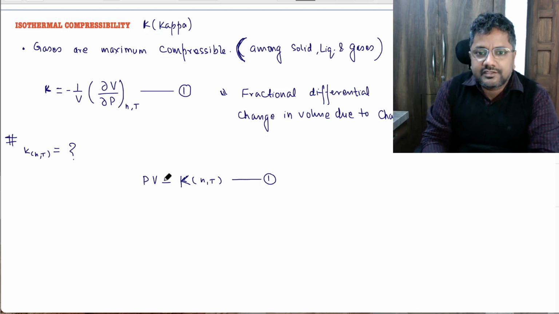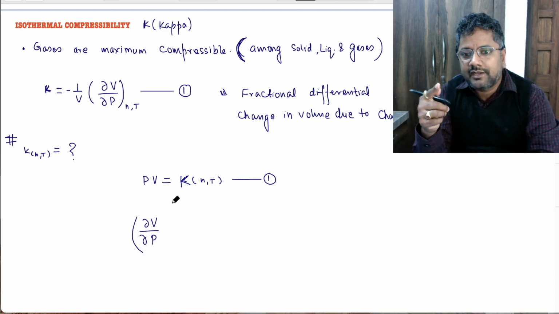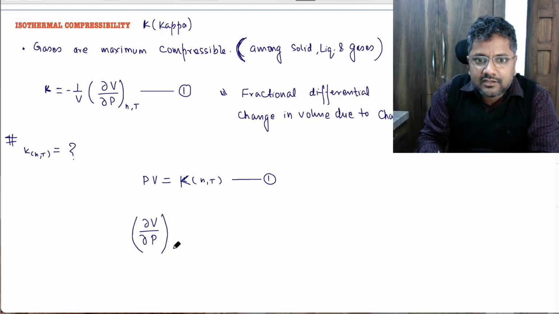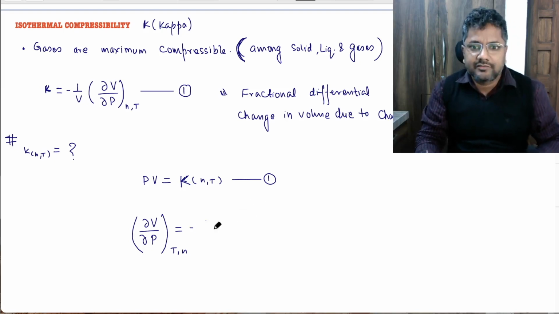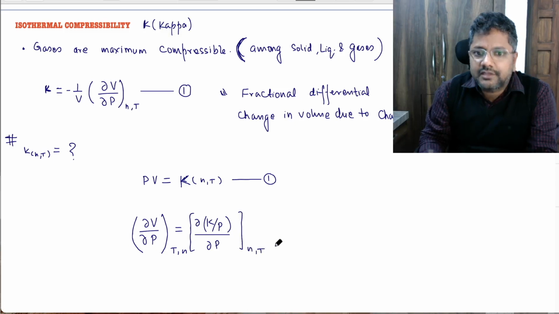So you can differentiate this, del V by del P, as we have already differentiated, but that time we evaluated del P by del V. This time I am evaluating del V by del P. So del V by del P at constant T and N is equal to del of K by P by del P, at constant N and T, right?